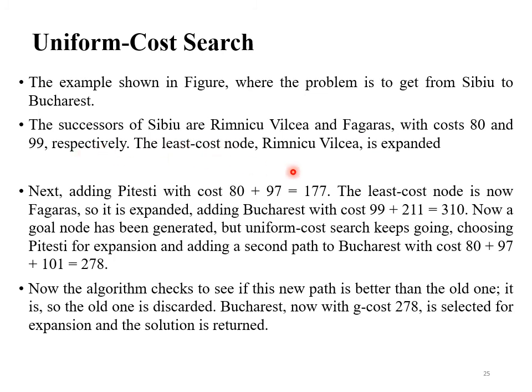The least cost node, Rimnicu Vilcea, is expanded, because the cost from Sibiu to Rimnicu Vilcea is 80 and the cost from Sibiu to Fagaras is 99.